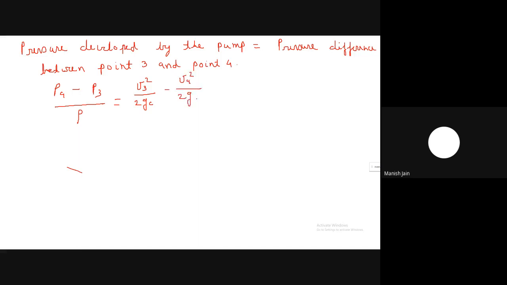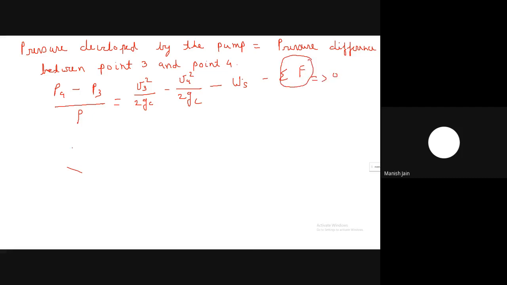Here we assume turbulent flow, that's why we are not using the alpha. If the flow is in the laminar region, then we have to use the value of alpha. Minus Ws, which we calculated before, minus sigma f. Sigma f is equal to 0 in this case.